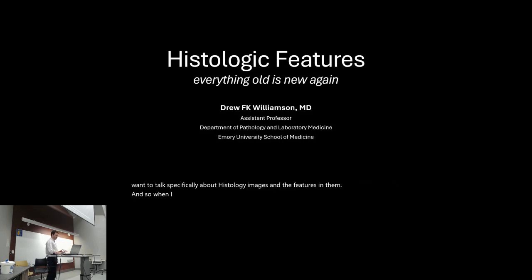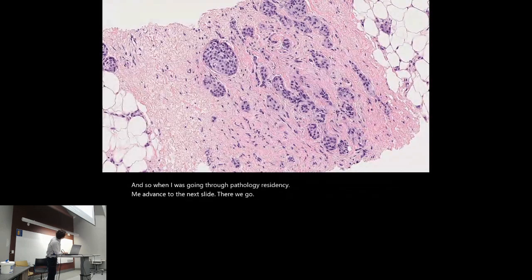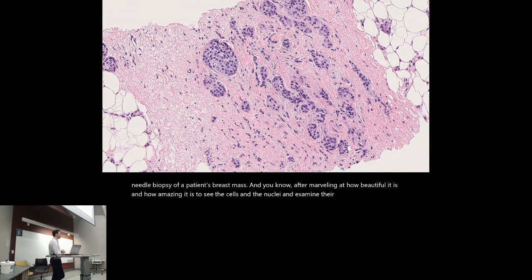When I was going through pathology residency, let me advance to the next slide. There we go. When I was going through pathology residency, I would often see images like this. This is a core needle biopsy of a patient's breast mass. After marveling at how beautiful it is and how amazing it is to see the cells and the nuclei and examine their morphology, an annoying attending would often ask me to describe what I'm seeing down the microscope.